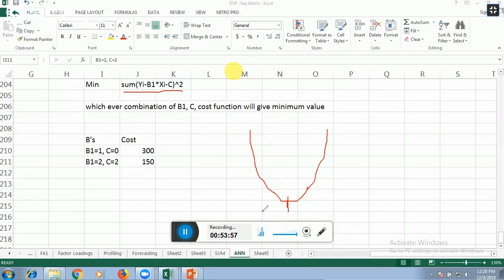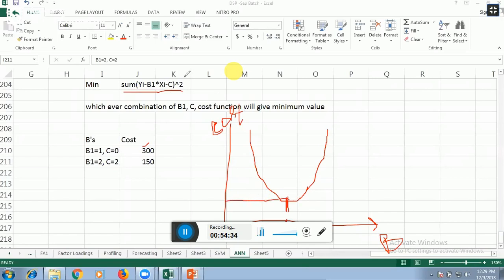So assuming that this is my betas and this is my cost function value, cost function meaning the objective function. For corresponding beta values, I can calculate my cost value, like for example 300, 150 or something, and I can say that this is the least value. So that means for the corresponding beta, this is my minimum value, I got it.